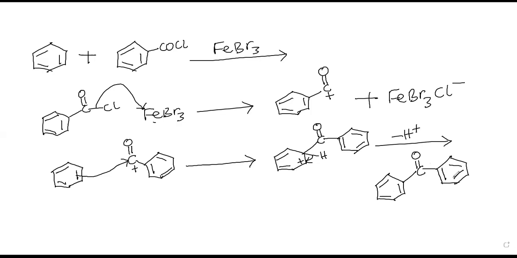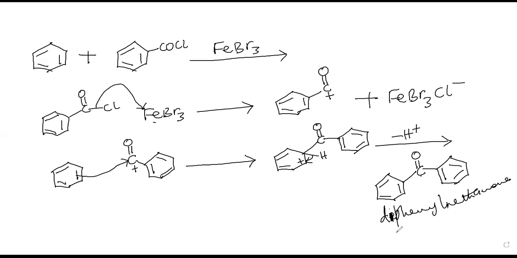And this compound is called diphenyl methanone because there are two phenyl groups with the one carbon, which brings the meth, and with the one group. So it is called diphenyl methanone. One can call it diphenyl methanone or benzophenone.